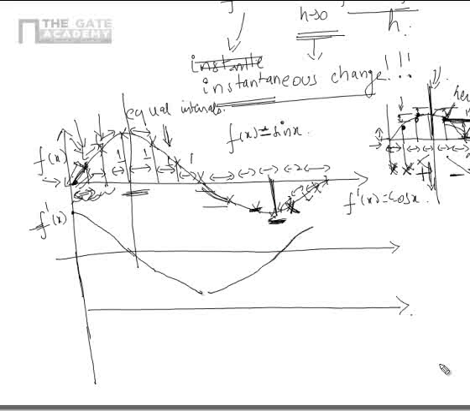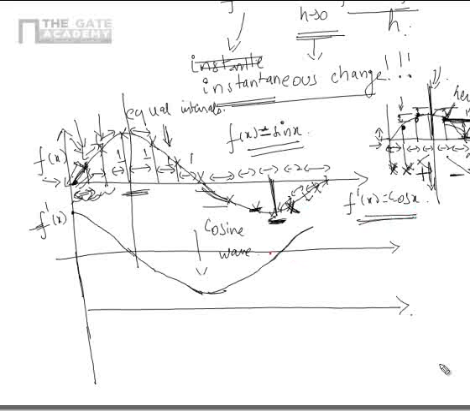So when I reconstruct that, I observe that this is a cosine wave, correct? This is how the cos wave looks, right? So we are proving graphically that the derivative of f of x equal to sin x, that is f dash of x, will be cos x.